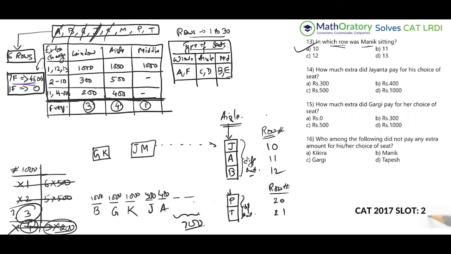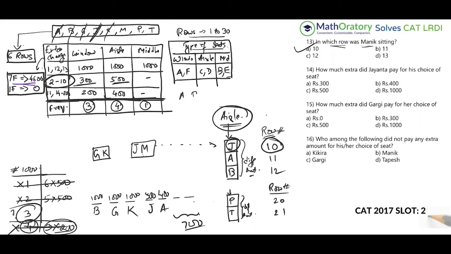Now understand this part. If J is sitting on row number 10 on the IL seat, and M has to pay something, M is also sitting in row number 10. Now, an IL seat and a window seat cannot be side by side, because if you read the numbers, you can identify that.